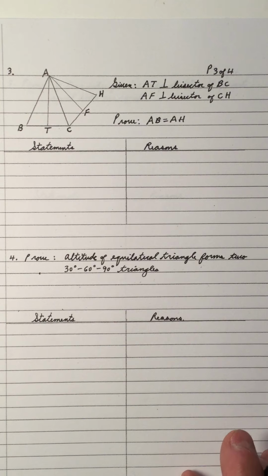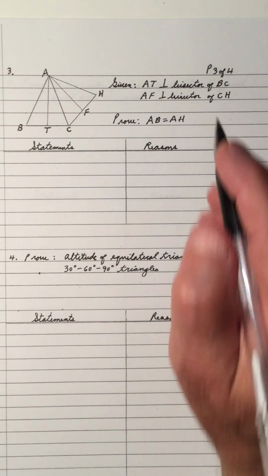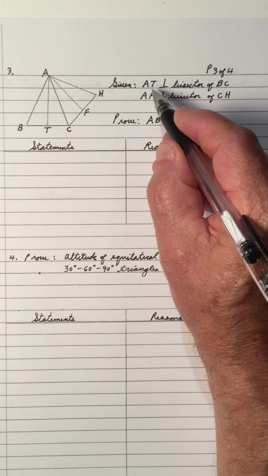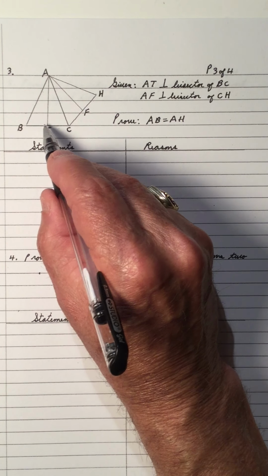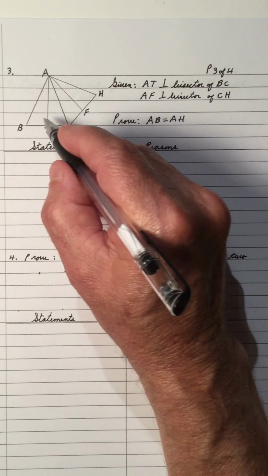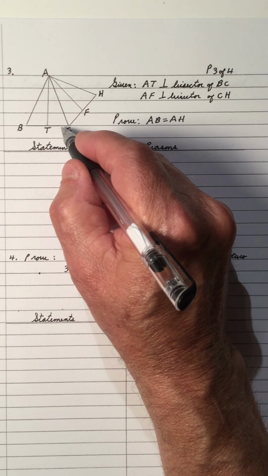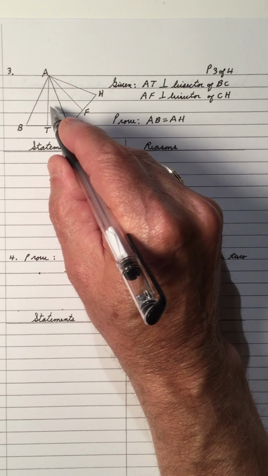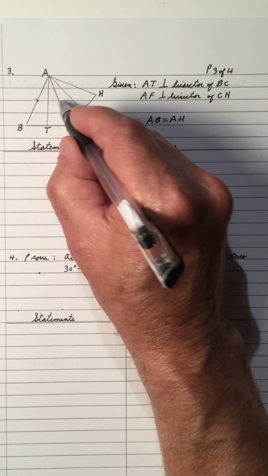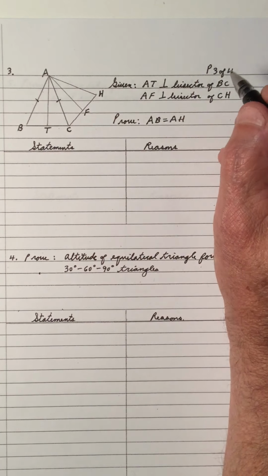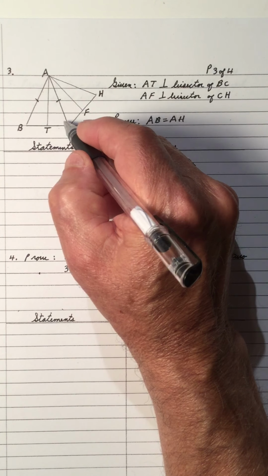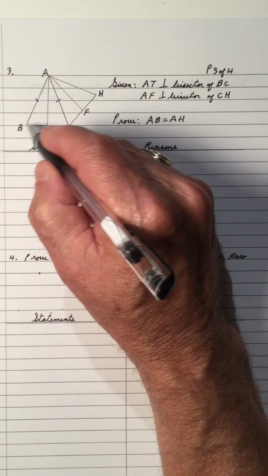We have a couple more proofs to do. Now it says here that AT is the perpendicular bisector of BC, and because it's the perpendicular bisector, I can have the triangles worked out to be congruent, or I can say that AB equals AC, because any point on the perpendicular bisector is equal distance from the endpoints of the segment.